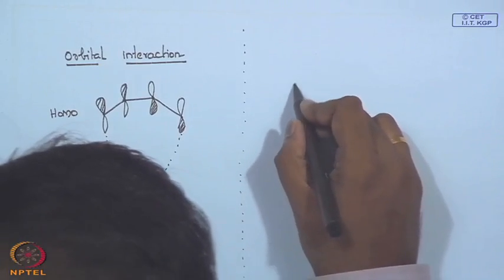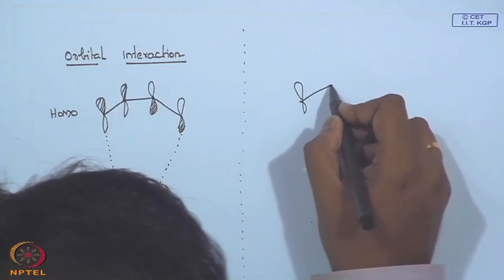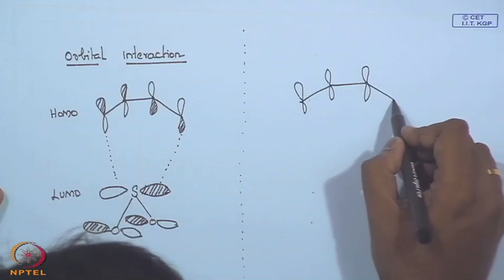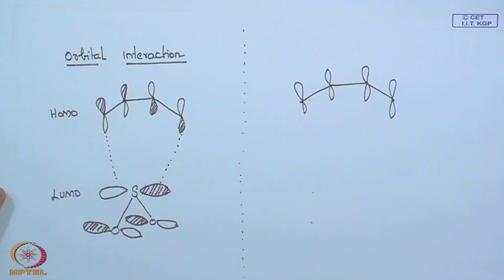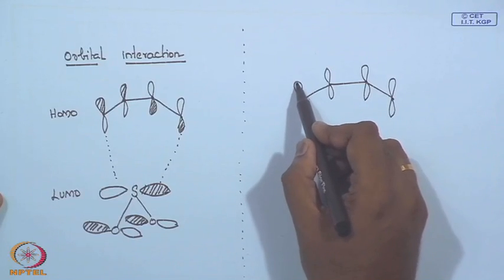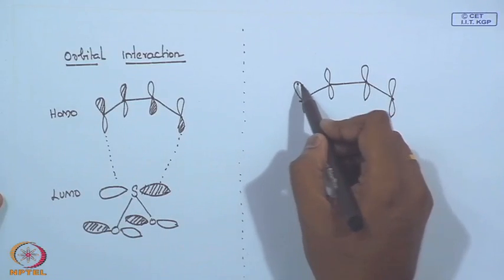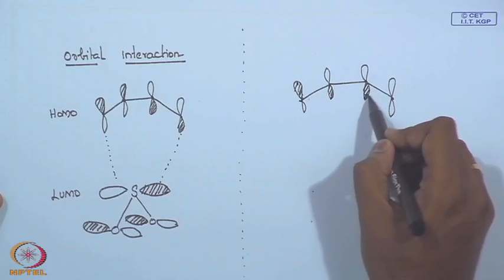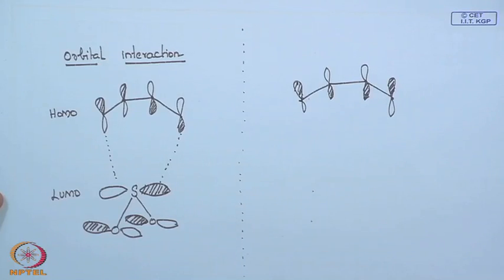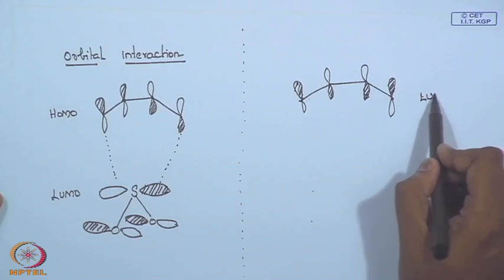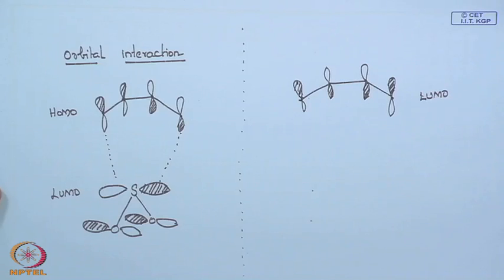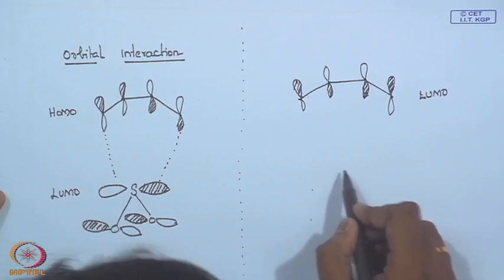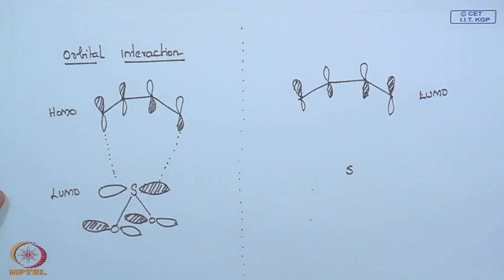So, I will take the diene then. Our diene system, I am taking the diene of this. So, you remember the LUMO of that. I have taken the LUMO, lowest unoccupied molecular orbital, and then I will take the HOMO of your sulfur dioxide. Just we will draw the HOMO of your sulfur dioxide.